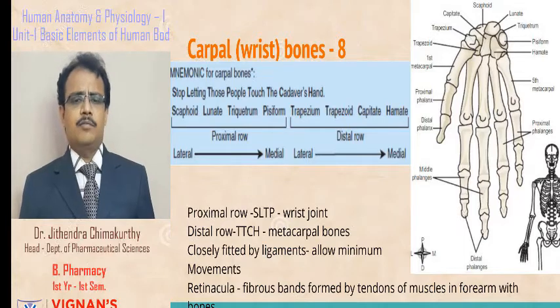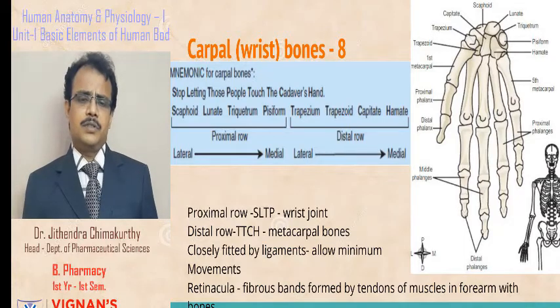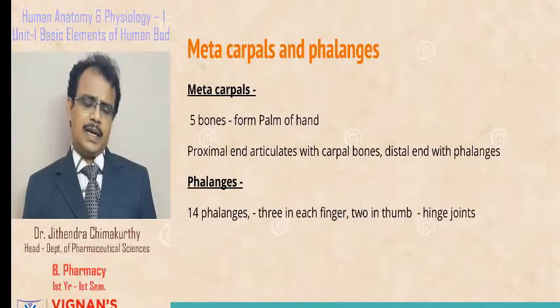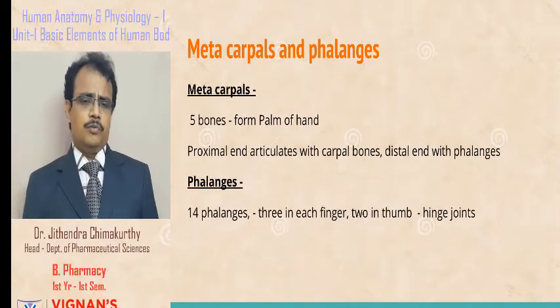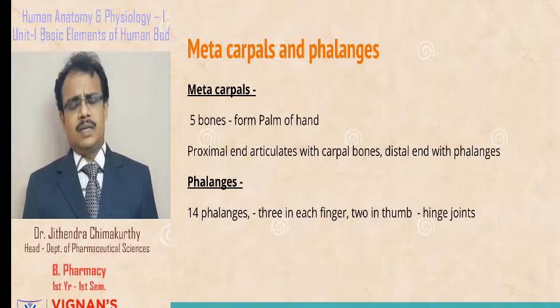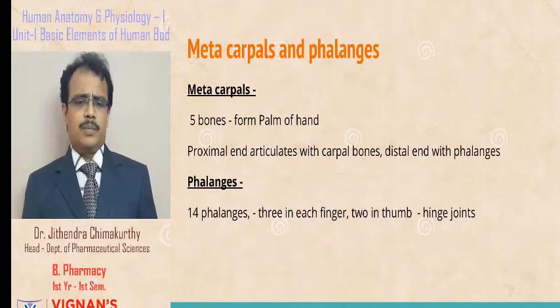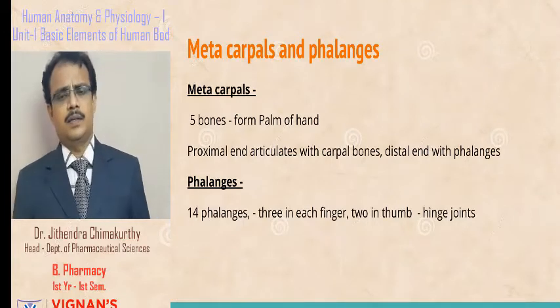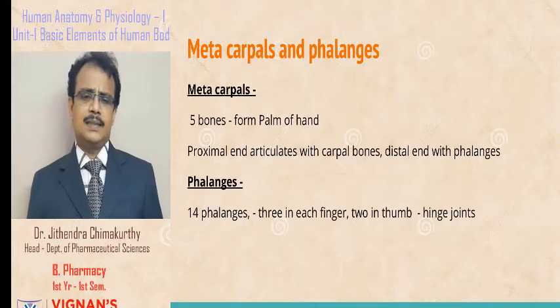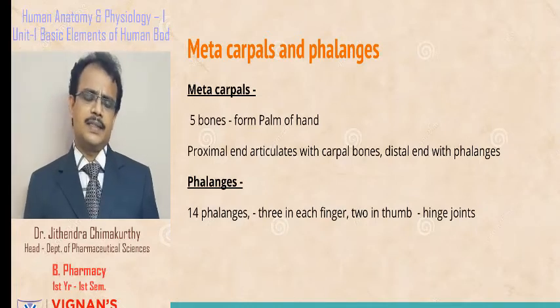Now let's see the metacarpals. Metacarpals are 5 bones which form the palm of the hand, and these are numbered from 1 to 5. These metacarpals form articulation with the carpals superiorly and the phalanges inferiorly. When coming to the phalanges, there are 14 phalanges.